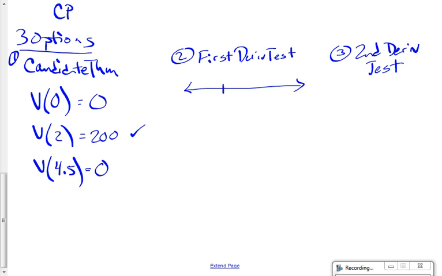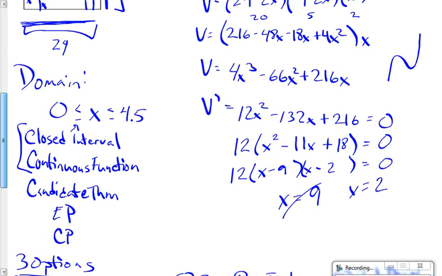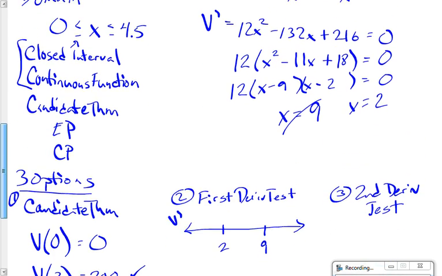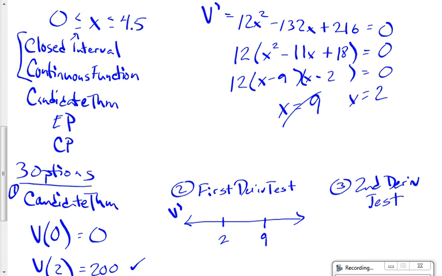You take a number line, and you put your critical values on it, 2 and 9, and then we check V prime. What's V prime? There's V prime. 12x squared minus 130x plus 216. What's V prime of 0? 216, right? It rises. You got a positive derivative to the left of 2.